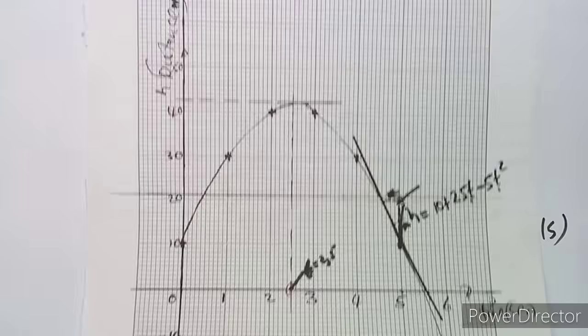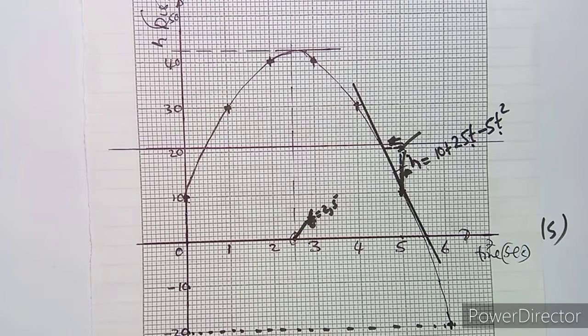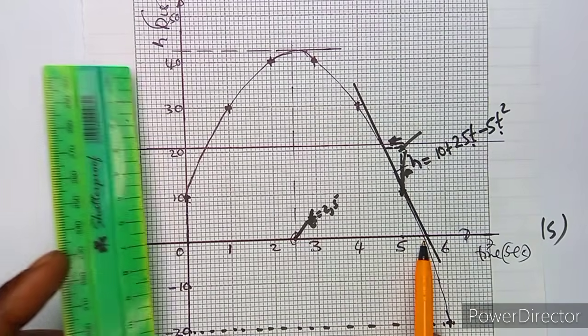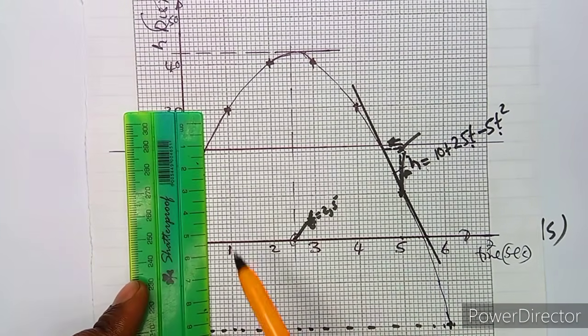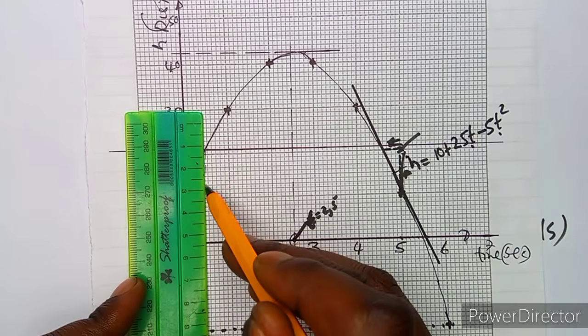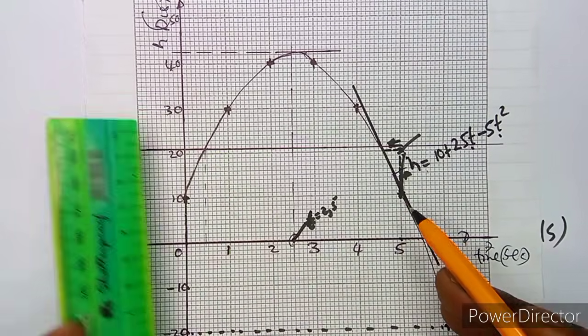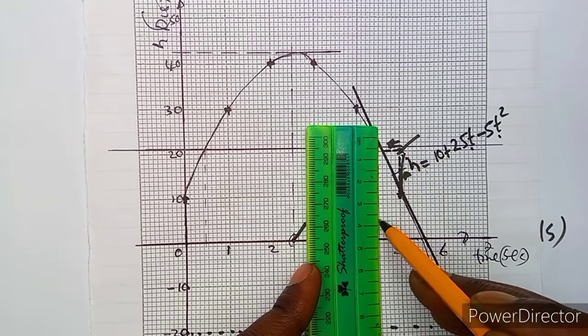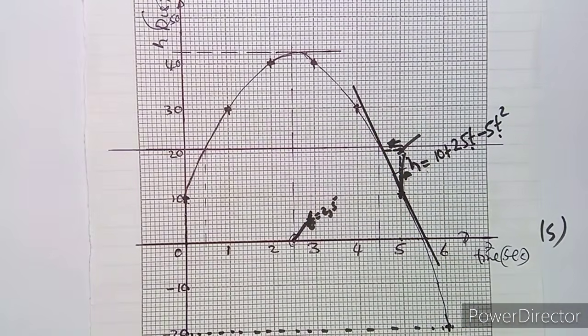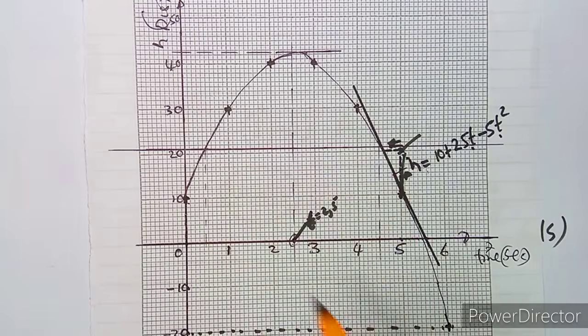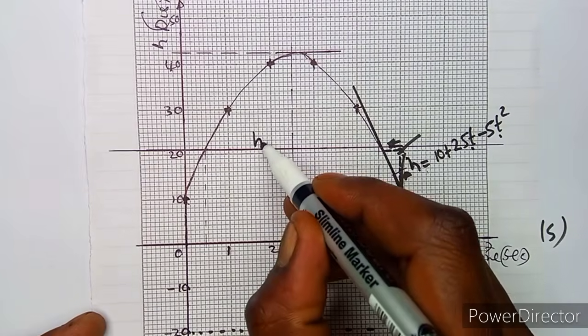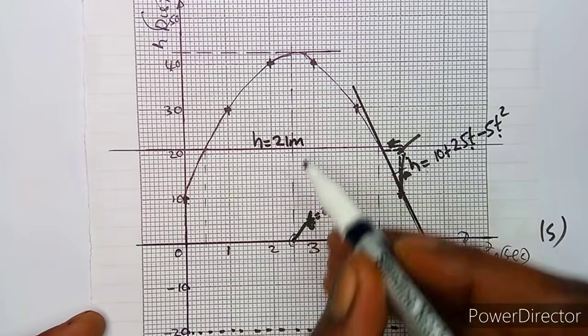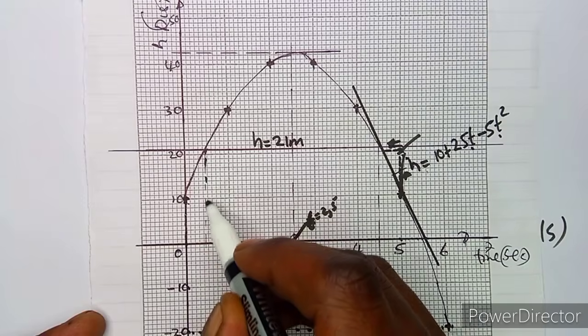Now the question is saying, what is the corresponding time at those heights? So the time is in this axis, so you have to relate back to your t-axis. Back to your time axis, you take the value there. All right, so at a height of 21 meters, what is the corresponding value of t?